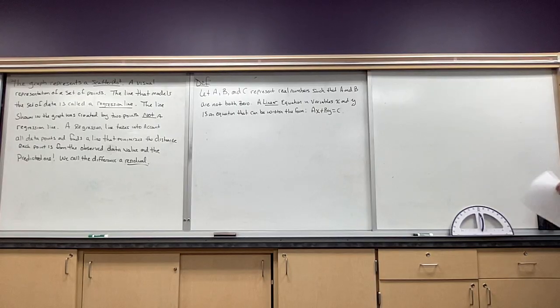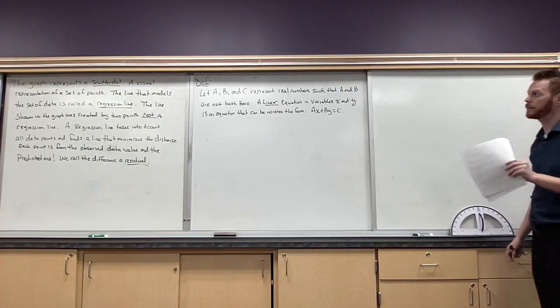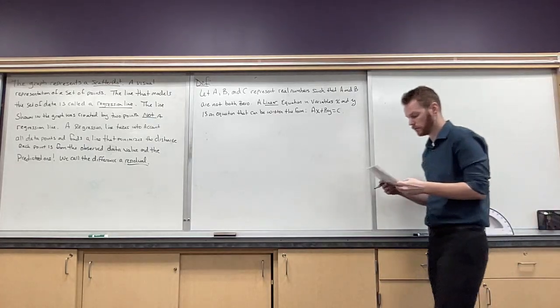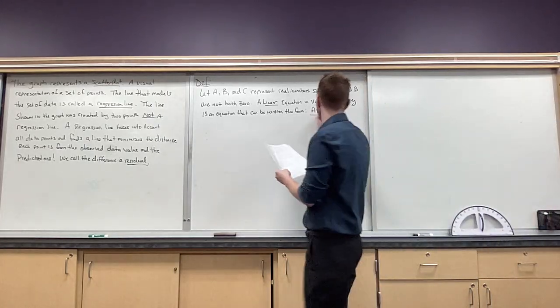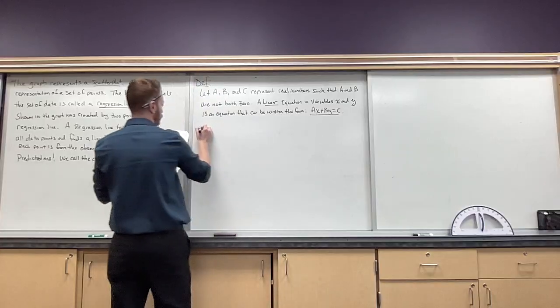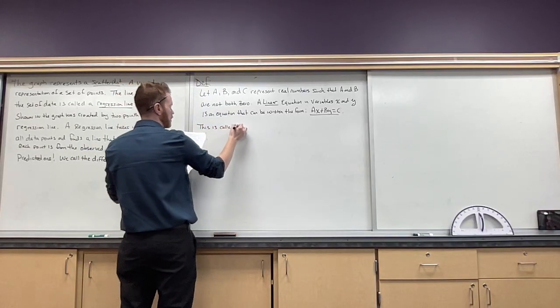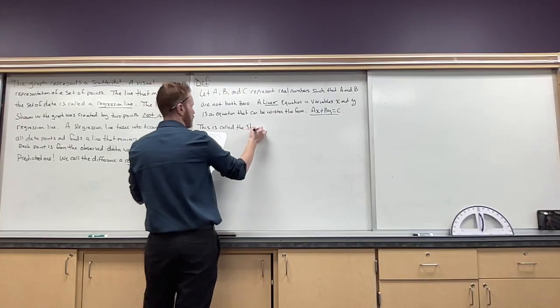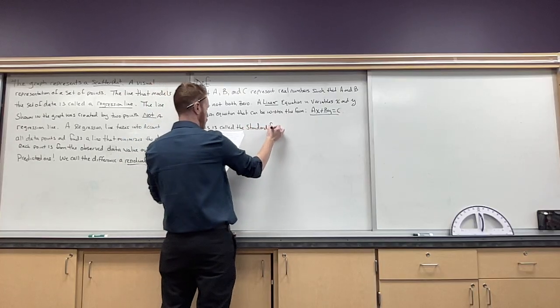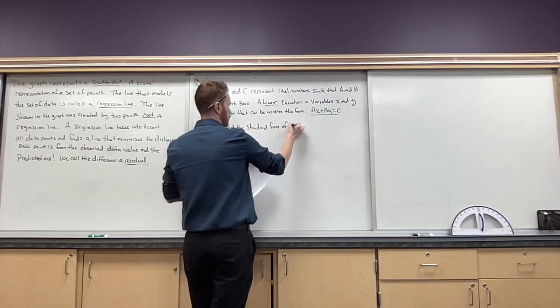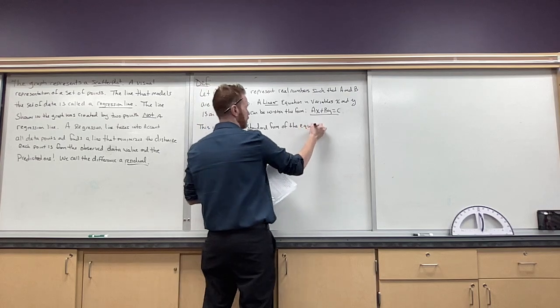So looking at that, we've seen that before, and we had a name for this, if you recall. So this right here, I'll put beneath it. This is called the standard form of the equation of a line.